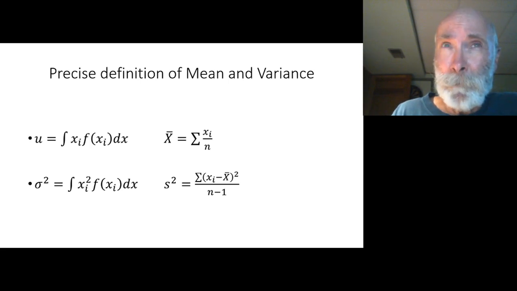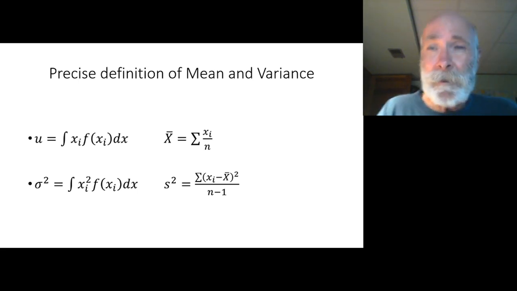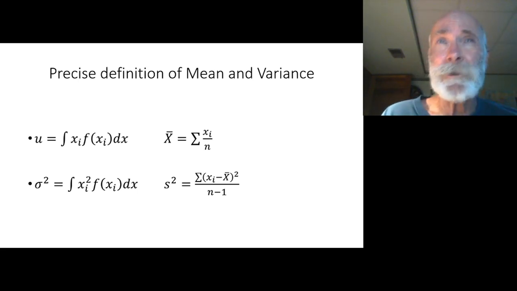An important point I want to make here is that if we did not do it in this way, we would come up with an erroneous estimate. We have to standardize this somehow by the number of observations. Otherwise, as the sample size grew larger and larger and larger, if we didn't divide by n or n minus 1, then our estimate would become larger and larger and larger. So we're looking for an estimate that is going to stabilize around the true value.